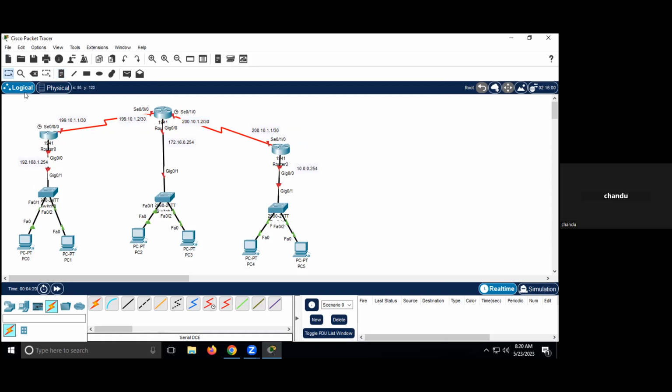So if it is 192.168.1.254, this PC address will be 192.168.1.1. Next will be 192.168.1.2.